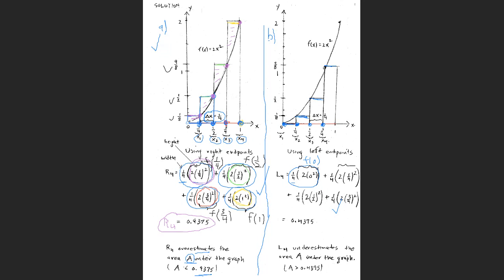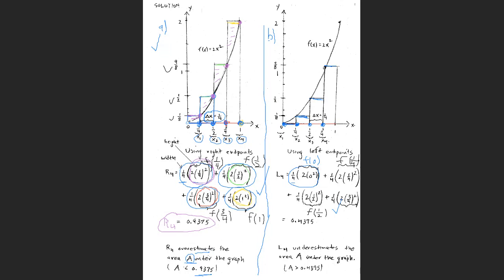This here, for the second rectangle, 2 times 1/4 squared, is f of a fourth. Third rectangle: the height, 2 times 1/2 squared, is f of a half.